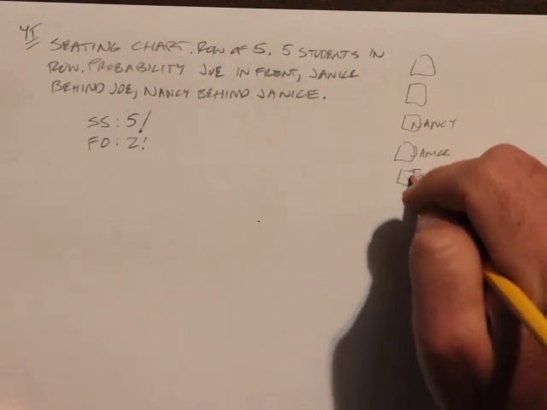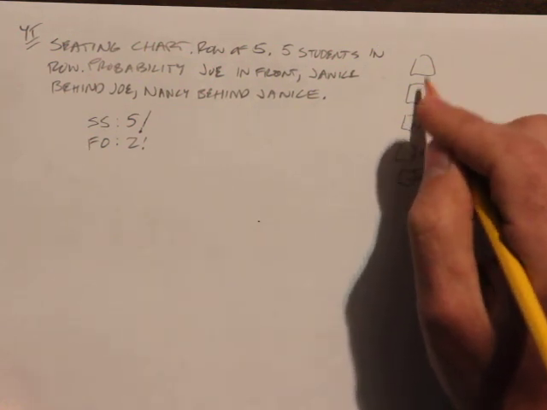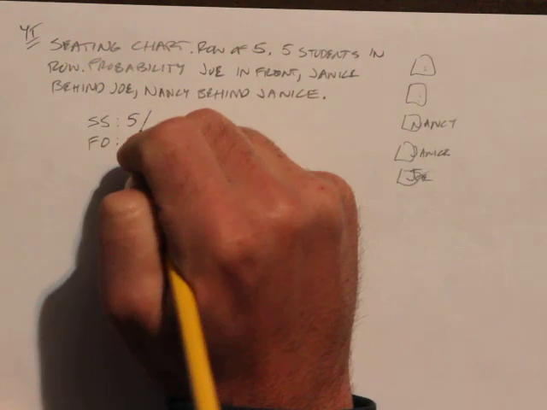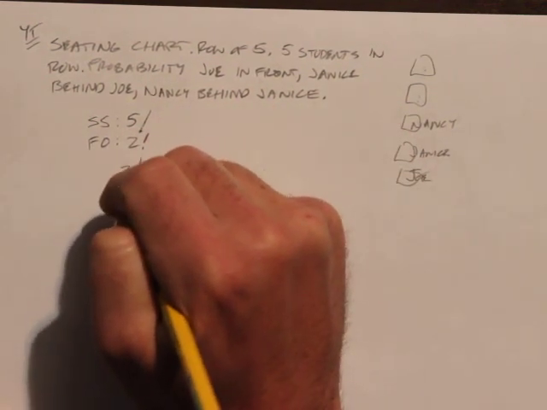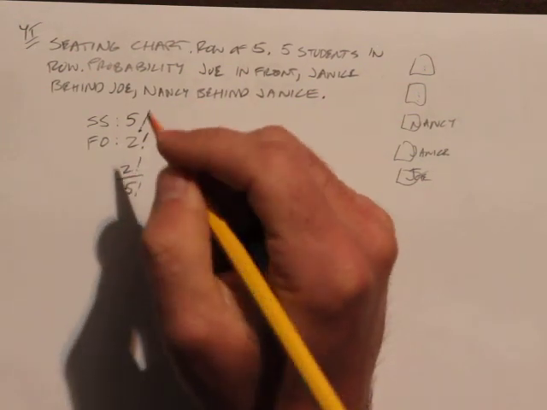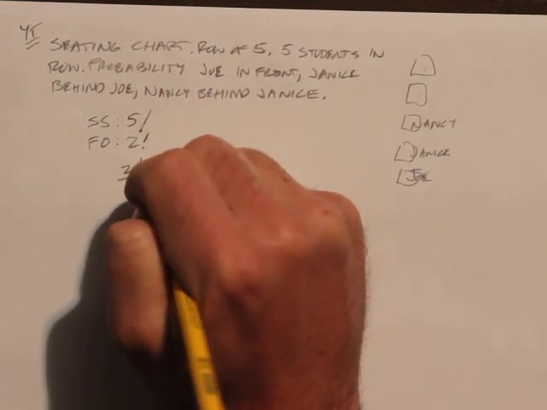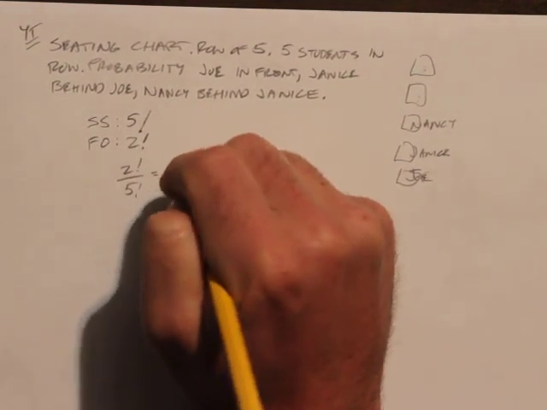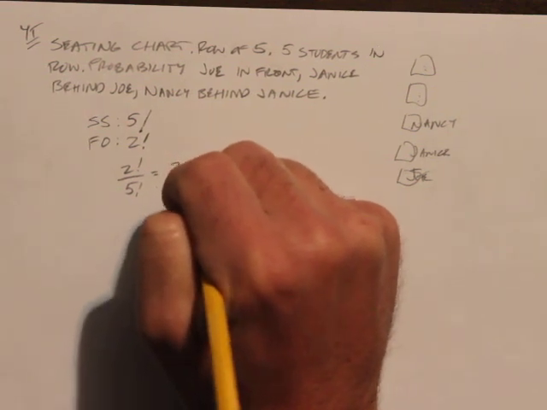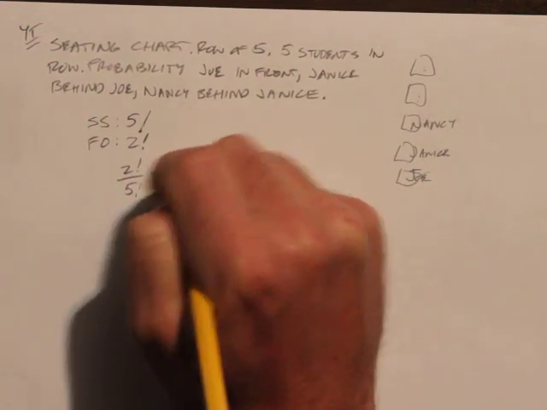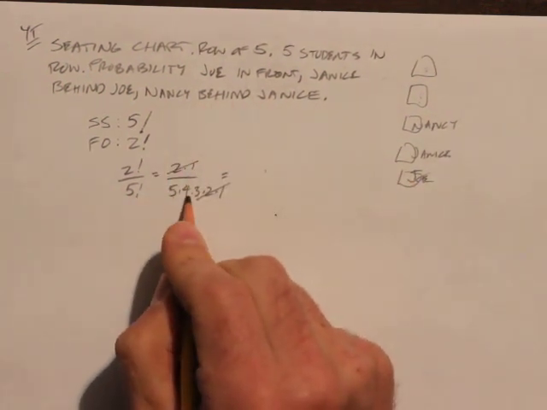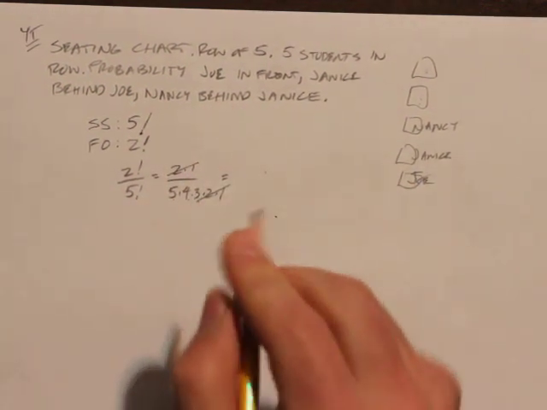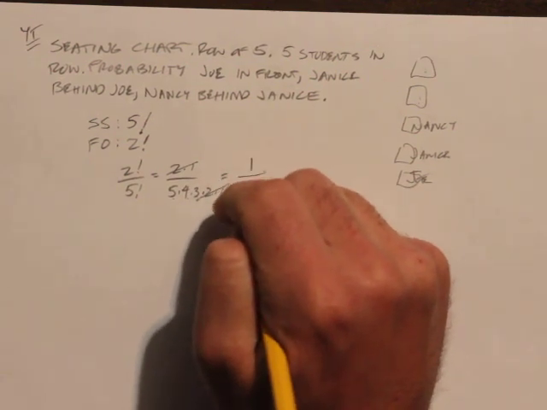So they all landed in the right spot. Now I have 2 factorial left. So now I put 2 factorial over 5 factorial, and that gives me 2 times 1 over 5 times 4 times 3 times 2 times 1. The 2 and 1 go away, and I end up with 5 times 4, which is 20, times 3, which is 60, so 1 over 60.